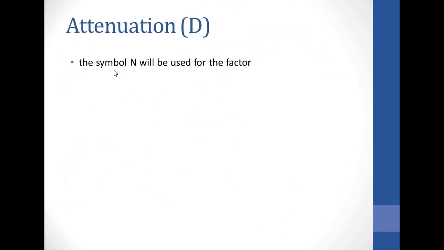So we have a factor of attenuation known as N, which is the attenuation factor. In order for us to get that, our attenuation factor should be equal to root P in over P out.